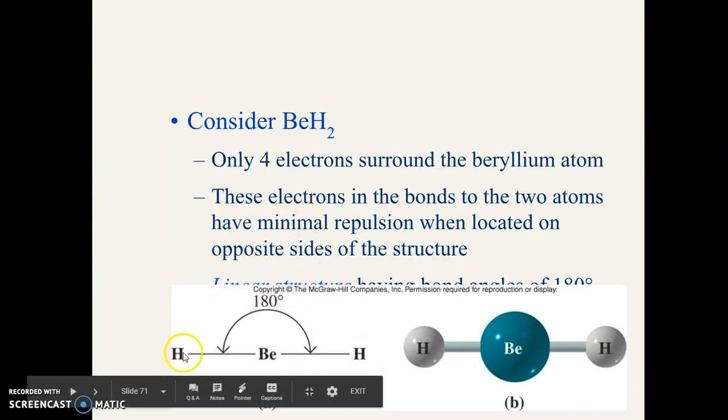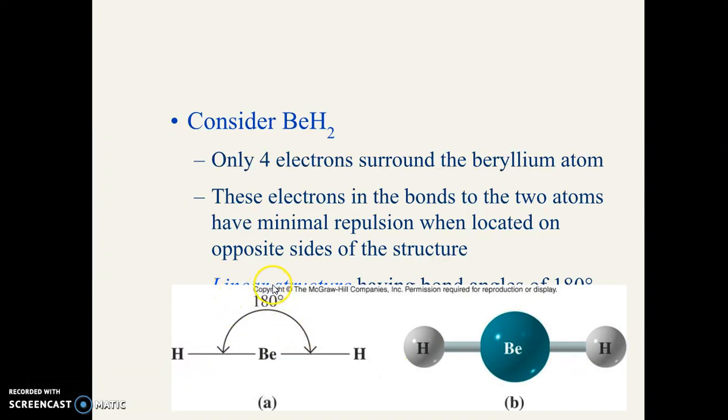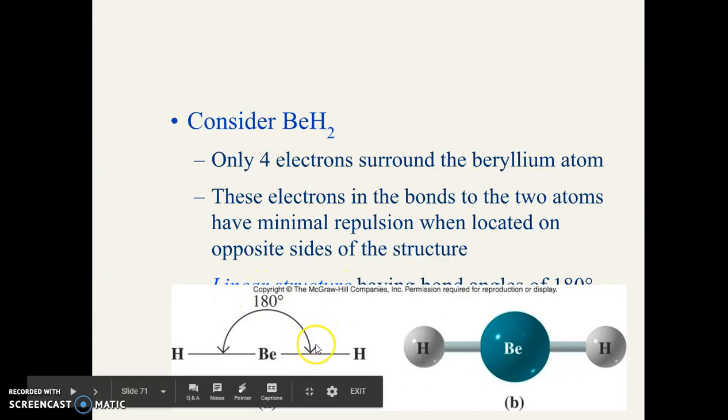They are going to try to get as far away from each other as they can. So instead of bonding right up here and maybe right up here, they are going to try to spread out as far as they can to repel each other. So they go on complete opposite sides. So you end up with the beryllium in the middle and the two hydrogens coming off at 180 degrees. So we would call this a linear structure, and it has a bond angle of 180 degrees.